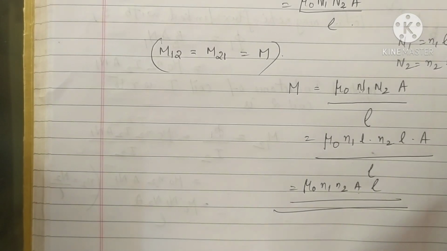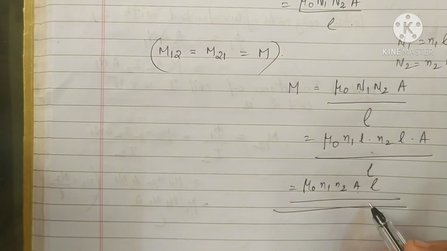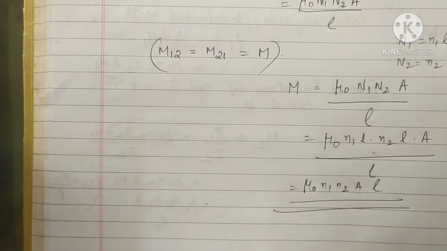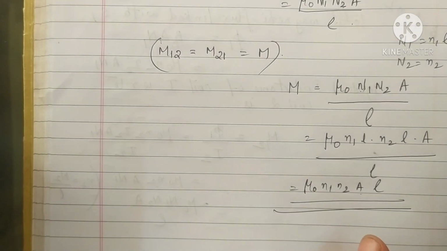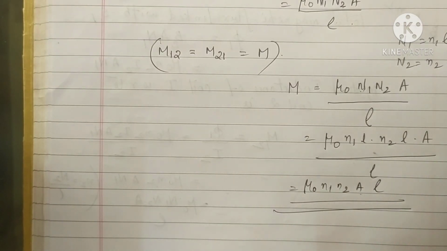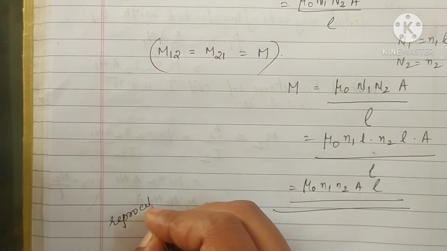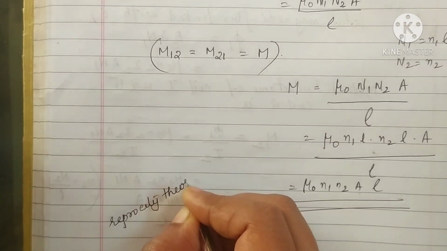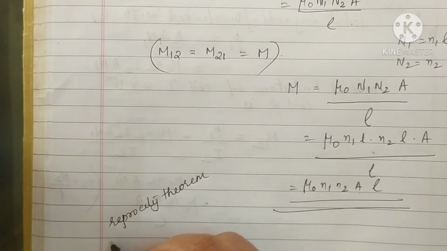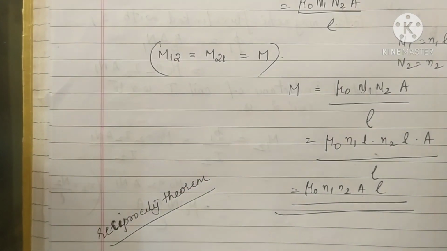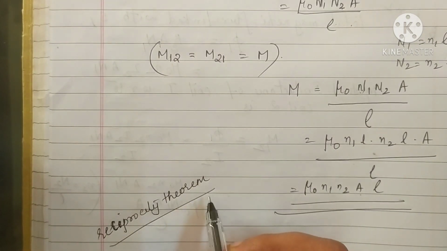Clear for you? So the mutual inductance of two coils is the property of their combination. It does not matter which one of them functions as the primary or the secondary, and this fact is known as the reciprocity theorem.